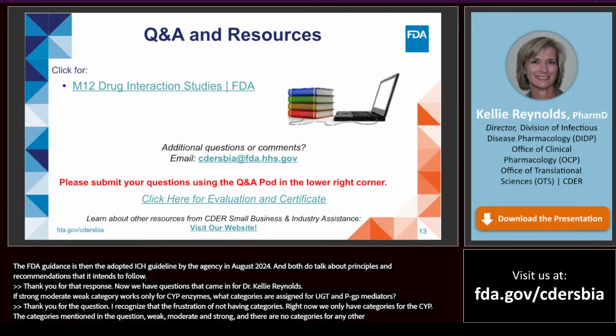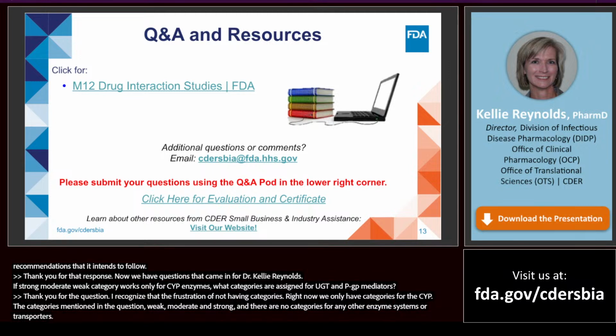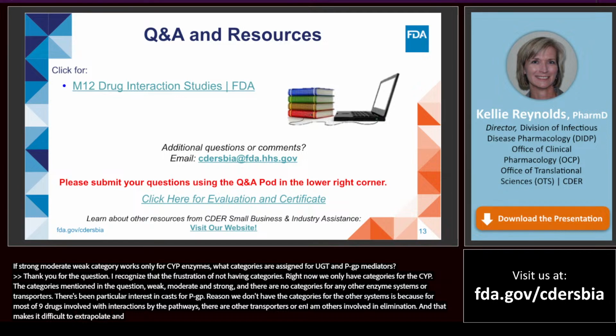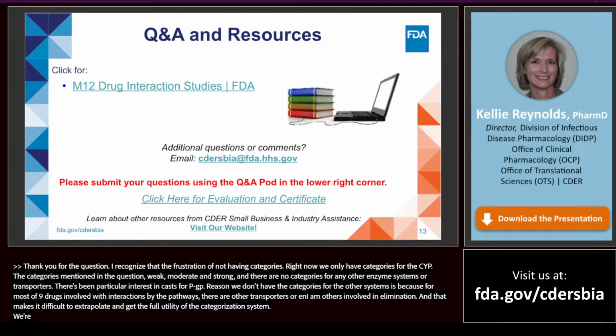I know there's been particular interest in categories for PGP, and the reason we don't have the categories for the other systems is because for most of the drugs that are involved with interactions by those pathways, there are other transporters or enzymes involved in their elimination, and it makes it very difficult to extrapolate and get the full utility of the categorization system. We're still interested in coming up with something, but at this point, we do not have something that can be confidently recommended. Thanks.